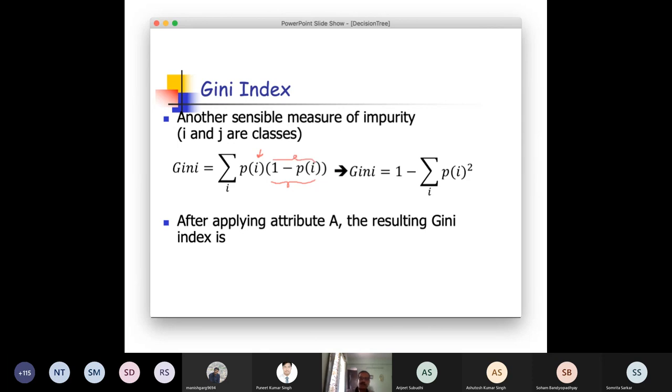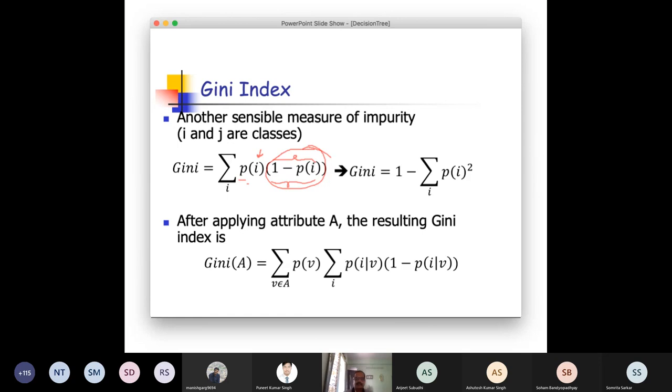So overall, what is the occurrence probability of error? The weighted probability of error would be pi into 1 minus pi. And the Gini index is basically the expectation of this probability of error, because this is a probability distribution. Expectation of the error, right? So expected error rate, that is what the Gini index is.